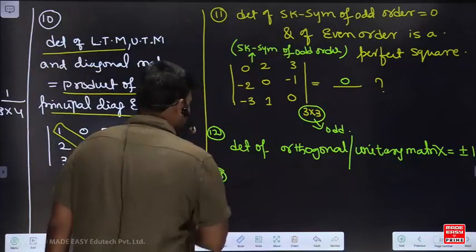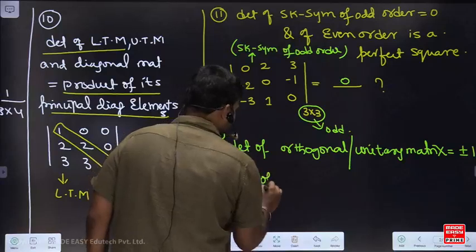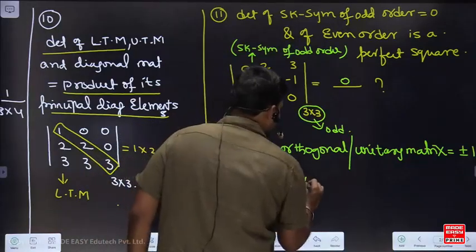And the 13th one, the determinant of an involutory matrix.